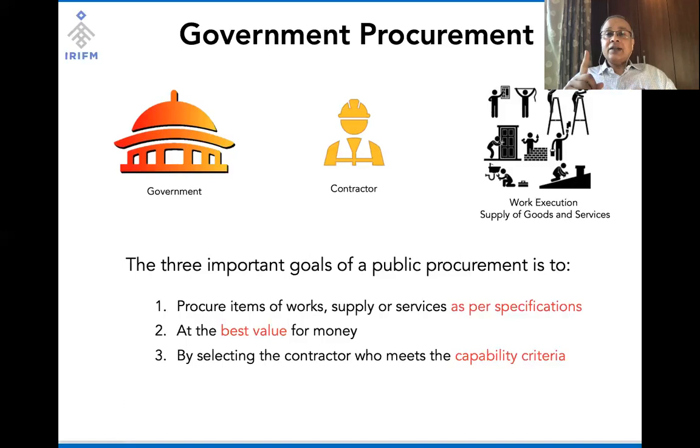The first, as I said, is procuring items as per the specifications. Second, to select contractors who have the right capability to supply such items. And third, we should get the best rate or the best value for the money.